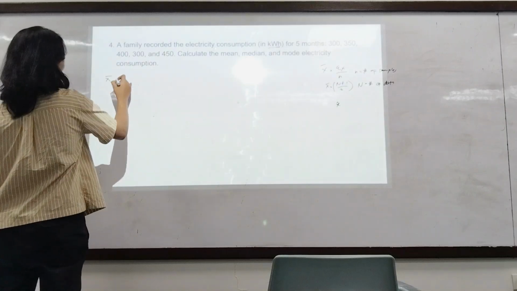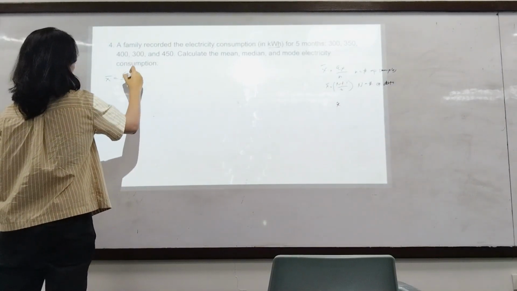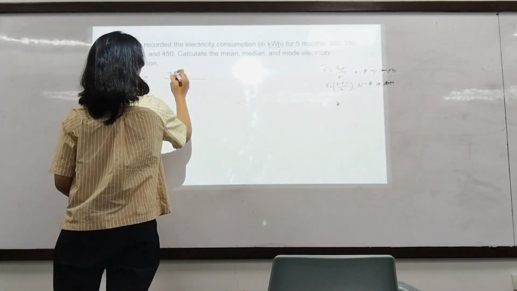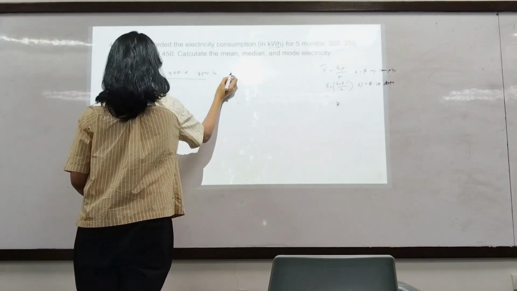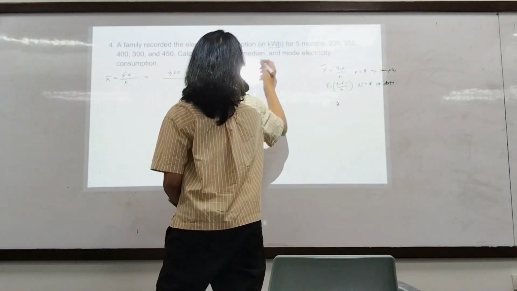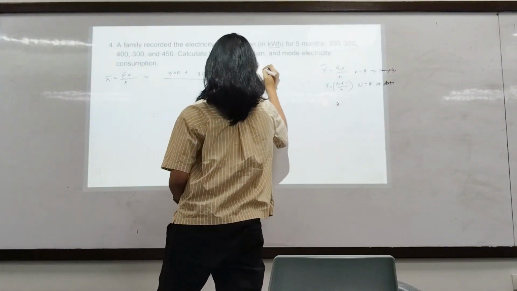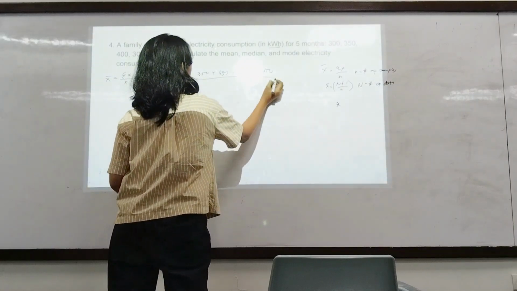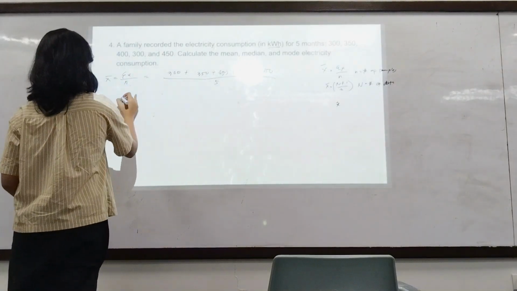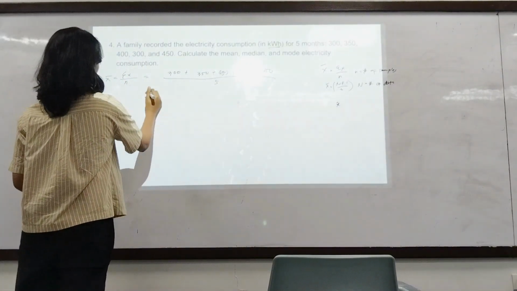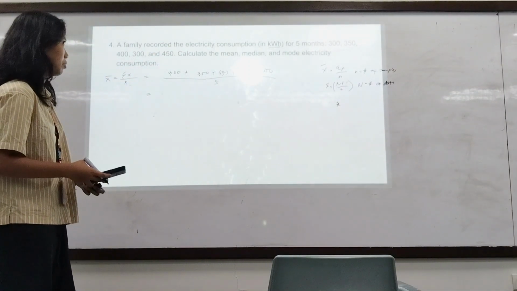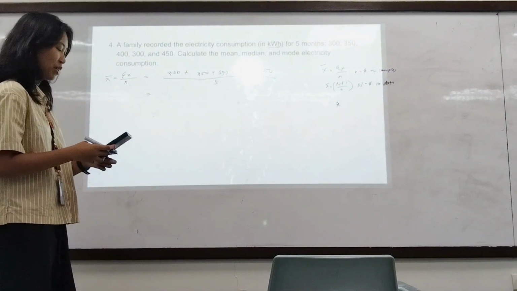Let's first find the mean. X bar equals summation of x over n, and we're gonna substitute it into 300 plus 350 plus 400 plus 300 plus 450, over 5, because that's our number of samples. Next, we're gonna add the numerator and then divide it with the denominator.